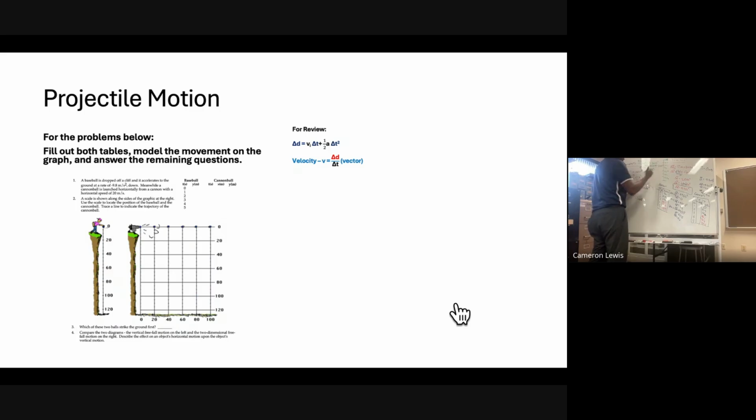For this example, we have 20 times t plus 1/2 times 0 times delta t squared. What happens with all of this? This becomes 0. So now my new equation for my X is 20 times delta t.